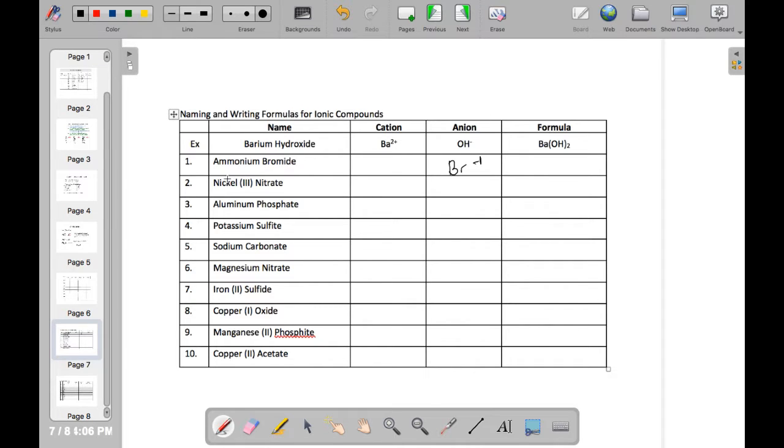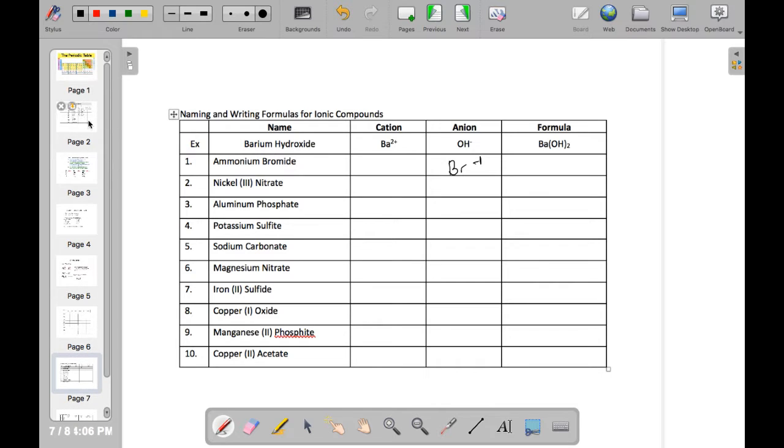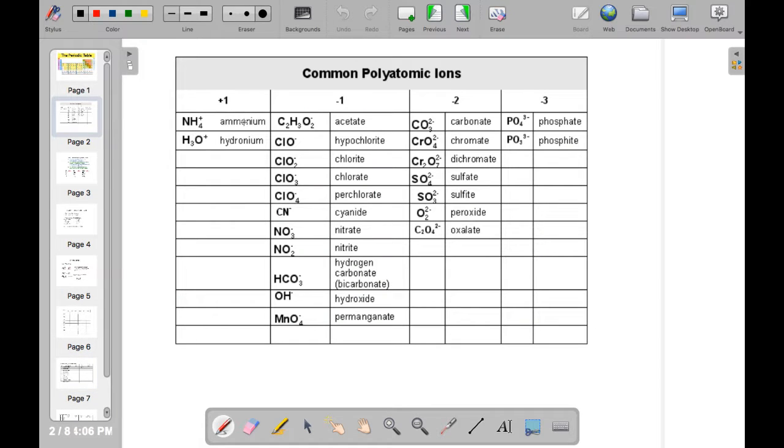Let's go to the cation. What in the world? That's what some kids think when they look at this. Ammonium. They're like, what the? There's no ammonium on the periodic table. Well, if you don't know where it's at on the periodic table, that means it's probably a polyatomic ion. So if I look over here on my list, I see that ammonium is actually NH4. It's a +1 cation. There's only a few polyatomic cations.